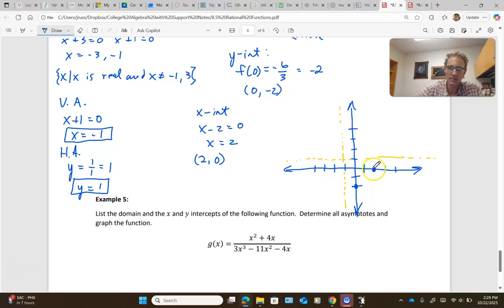And so my guess is that since these two points are down here in this fourth quadrant, one piece of my function is going to be in that area. And then my other piece is definitely going to be on the left side of this vertical asymptote, but it's going to be either above or below this horizontal asymptote.